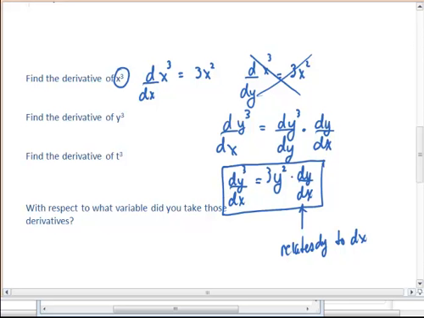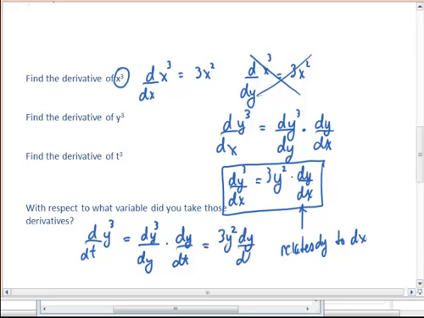Another example would be if I asked you to take the derivative with respect to t of y cubed. You would have to first take the derivative of y cubed with respect to y, and multiply that by dy/dt. Again, the chain rule would allow you to do this. You would have 3y squared, and you multiply by dy/dt.